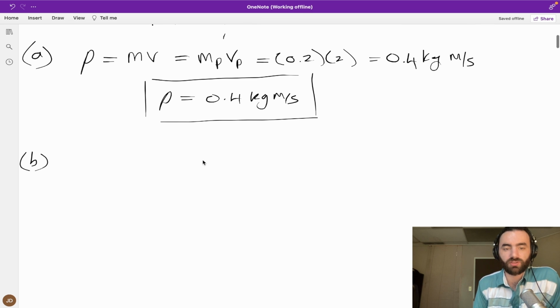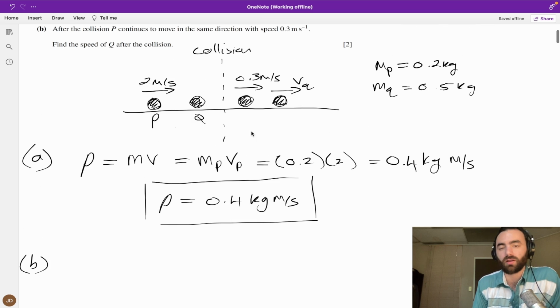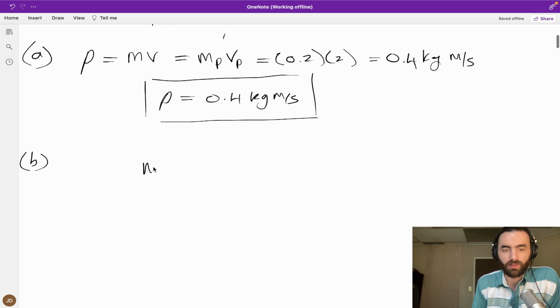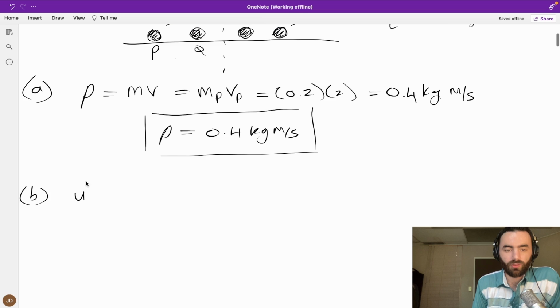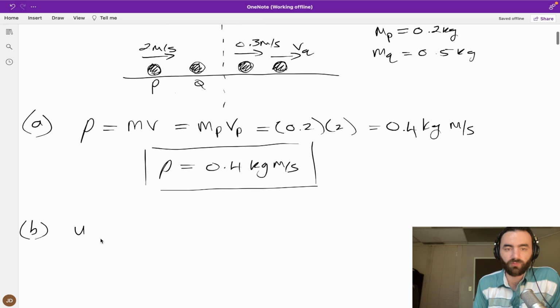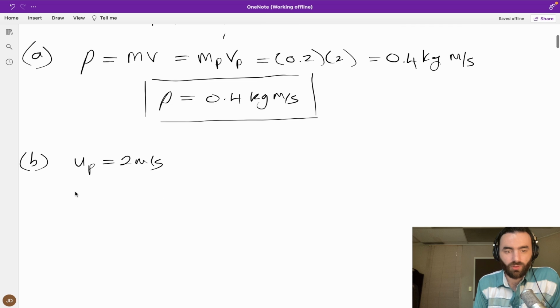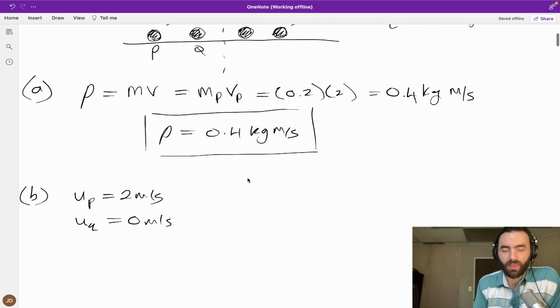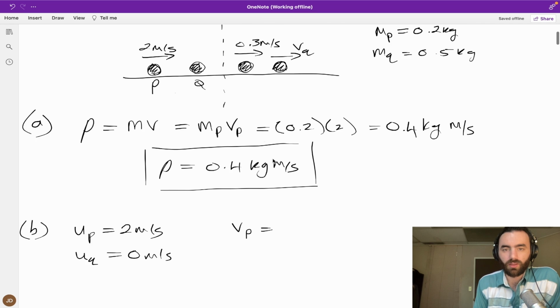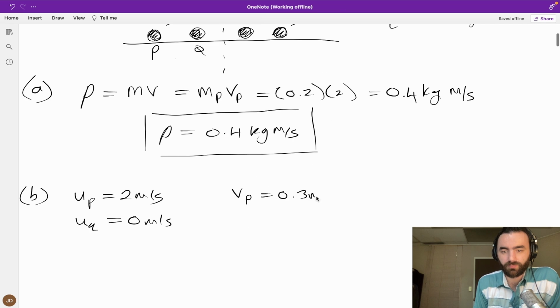Momentum is conserved. That means the momentum before the collision and after the collision are the same. I usually write it like this. The initial speeds, before the collision: UP equals 2 meters per second, UQ equals 0 meters per second because it's at rest, and VP equals 0.3 meters per second.